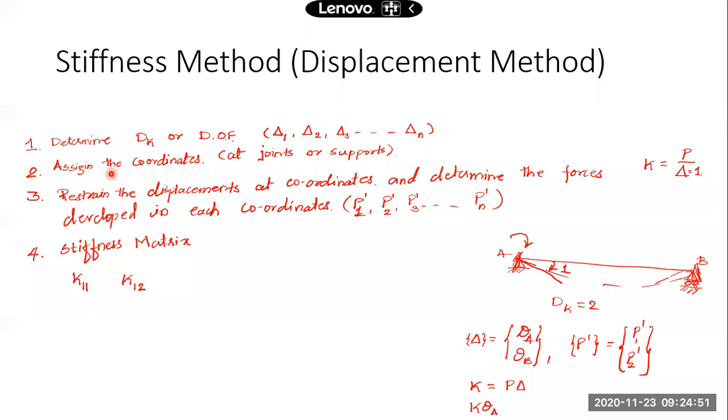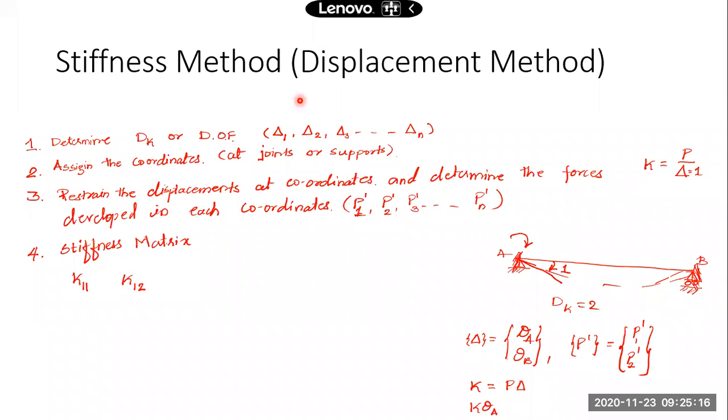These coordinates will be numbered 1 to n, depending on our degree of kinematic indeterminacy. If the degree of kinematic indeterminacy is 3, we'll have 3 coordinates. If it is 2, we'll have 2 coordinates. Accordingly, we'll have either 3 displacements or 2 displacements.